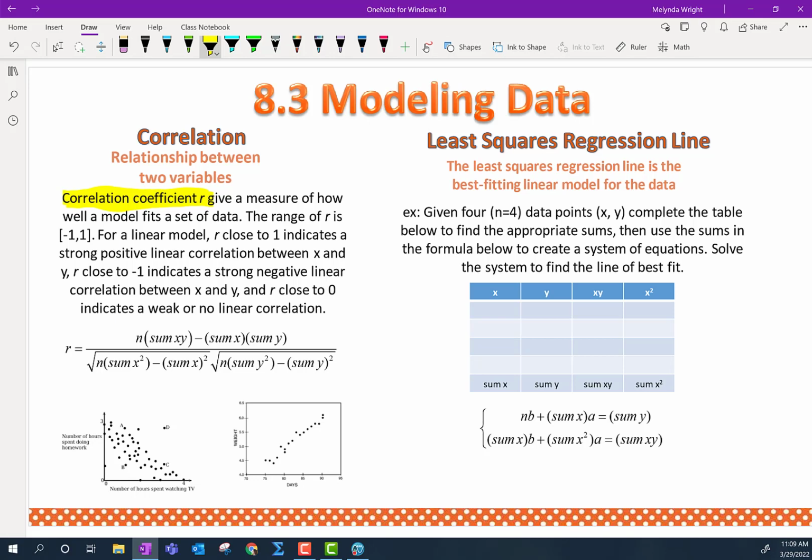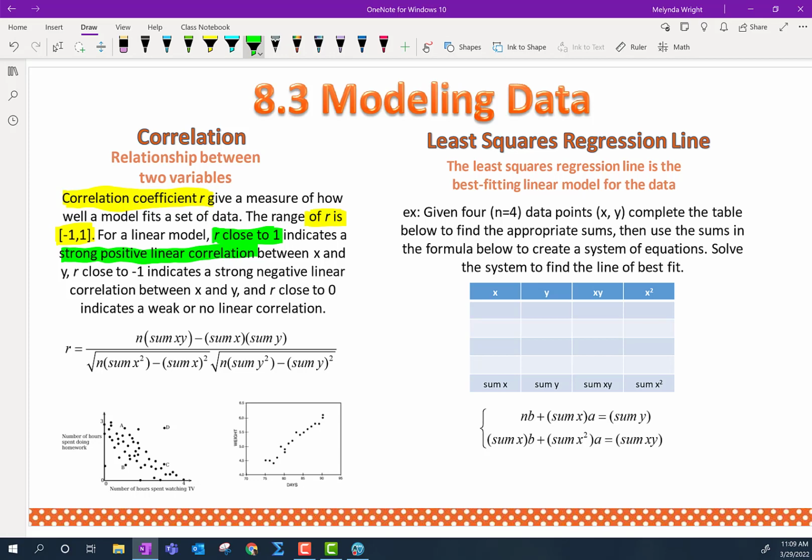For the linear model, the range of R is from -1 to 1. When we're looking at a linear model, if R is close to 1, that indicates a strong positive linear correlation between the variables x and y.